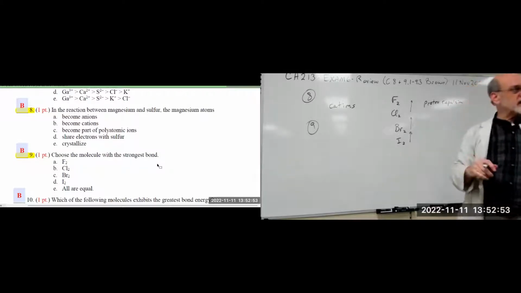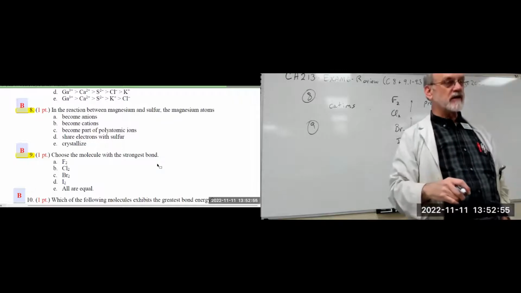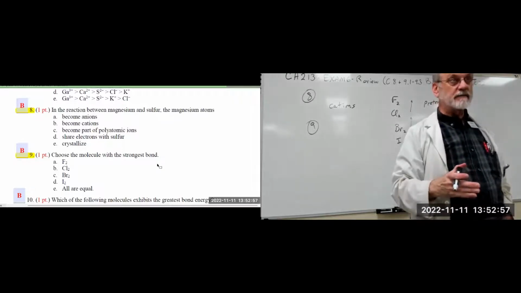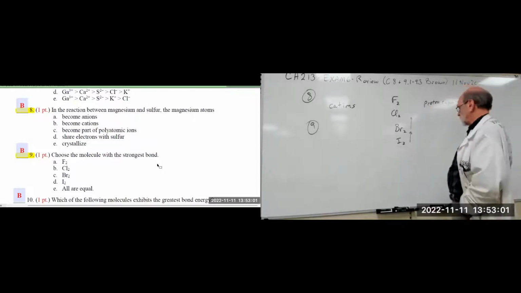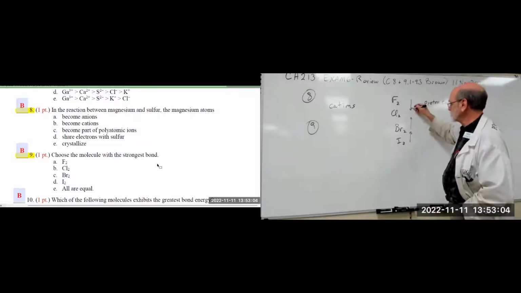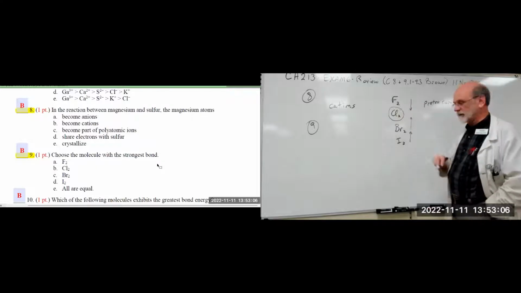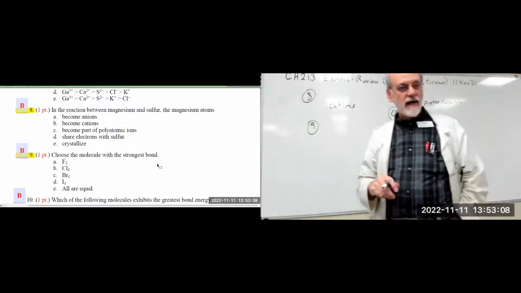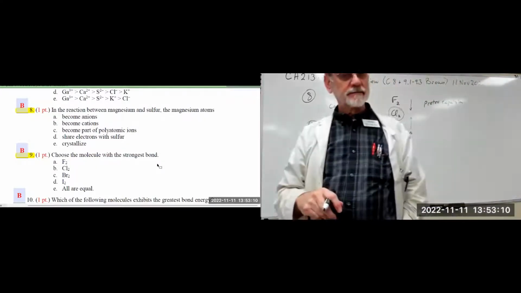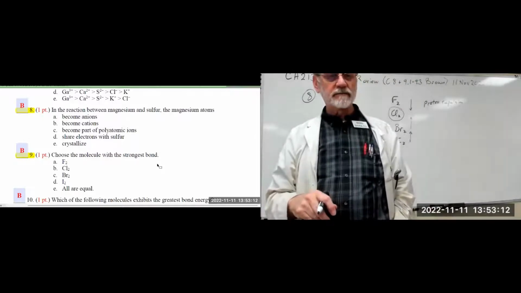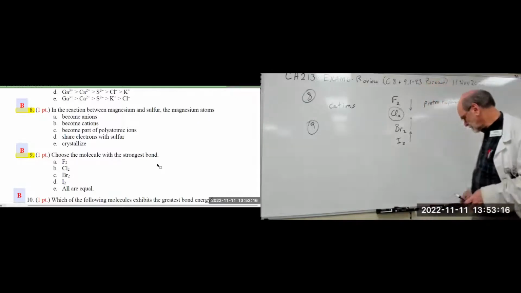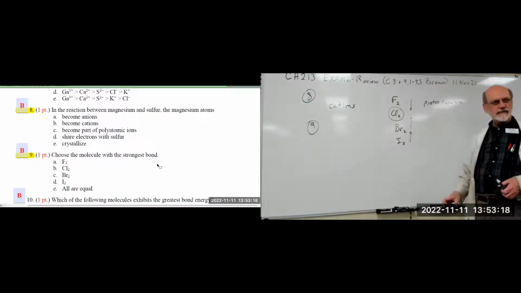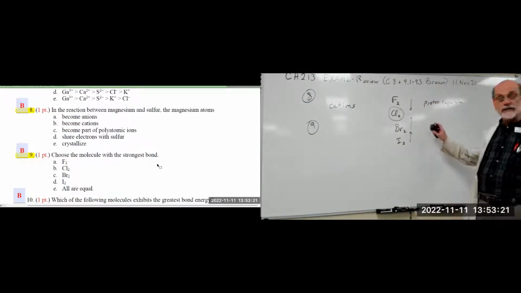You get those nuclei so close together that they start to repel each other, and that weakens the bond. So in reality, chlorine has the strongest bond of that group. Okay? I threw that one in there because it was counterintuitive.